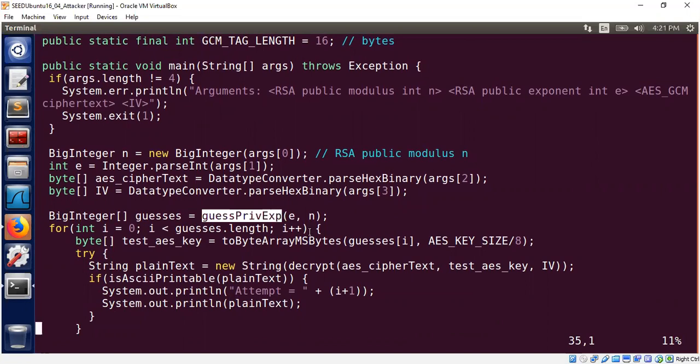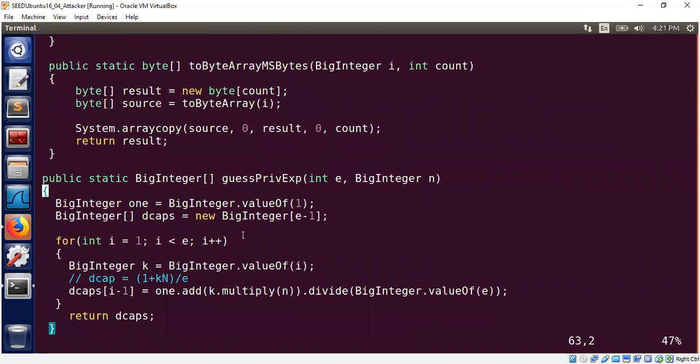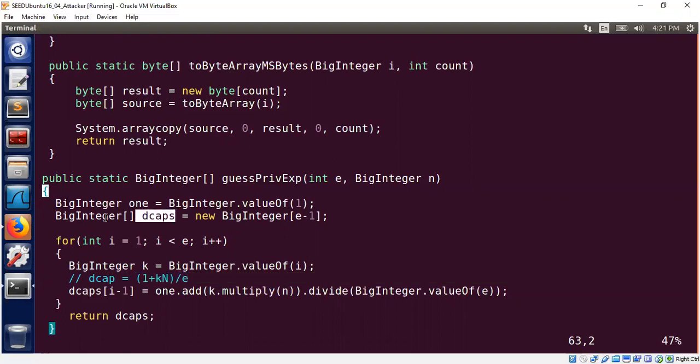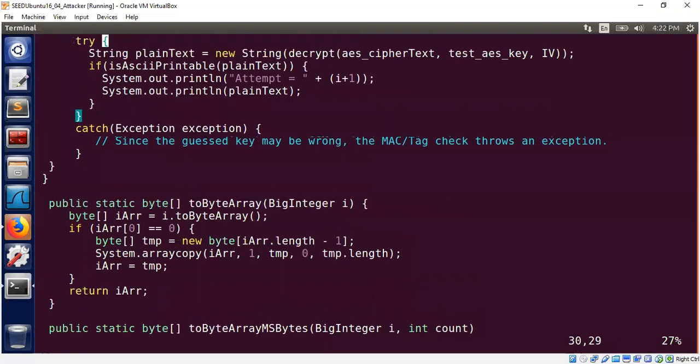The guess algorithm is simple. Let me show you how it works. It guesses the k value to be 1, and then computes (1 + k·n) / e. That's the thing that I showed on the slide. Then it runs in a loop, so it returns all possible guesses in an array.